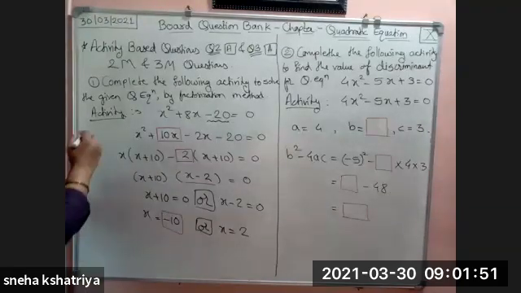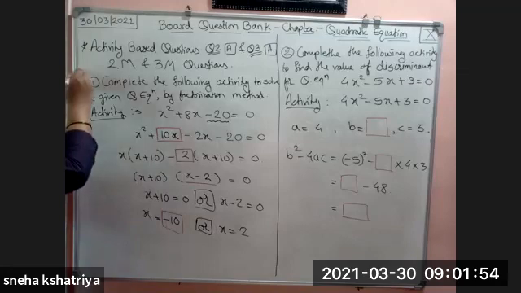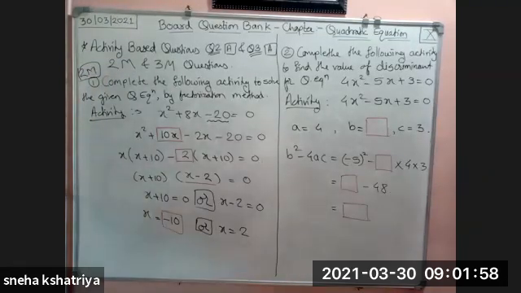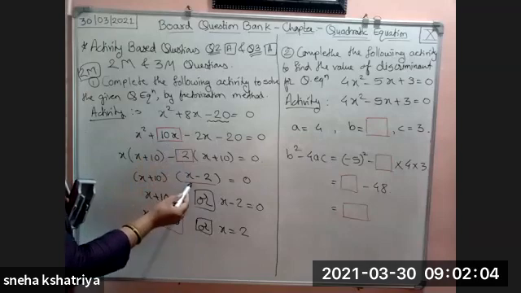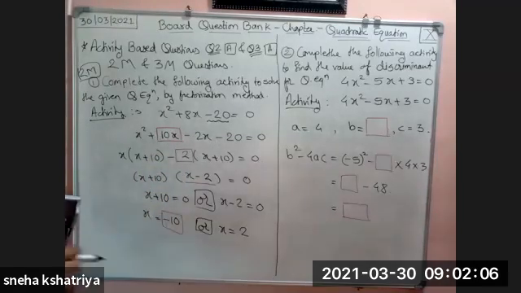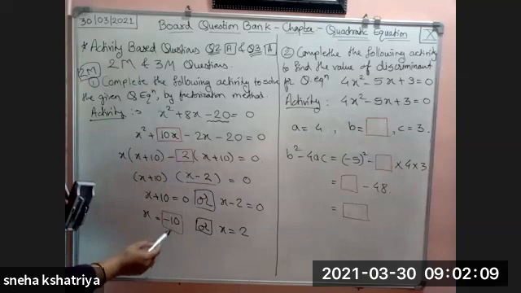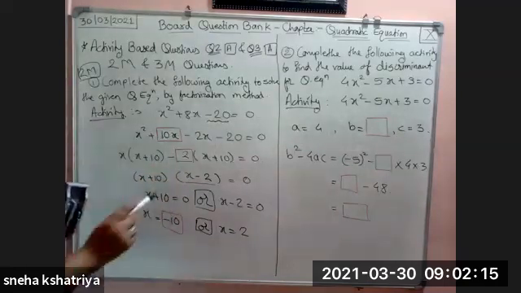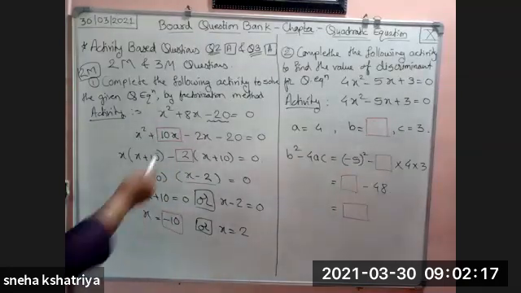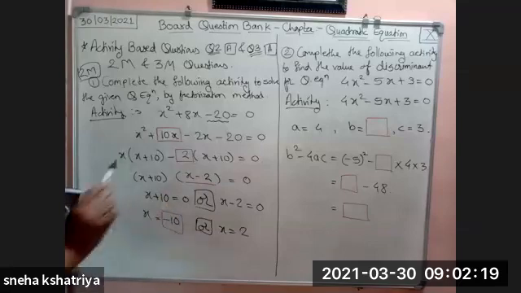Remember, this example is for 2 marks. For 2 marks, only 4 boxes are empty. You can count 1, 2, 3, and 4, the red boxes I have marked here. Each box carries half a mark: half mark, half mark, half mark, and half mark.